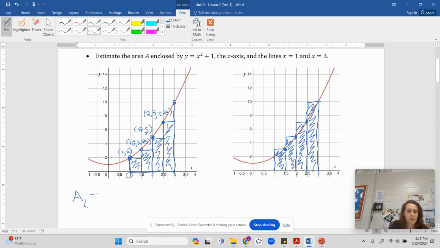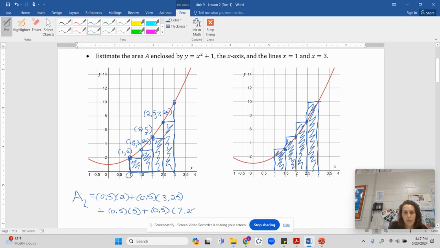Base times height. So base is 0.5 times the height of the first rectangle, which is 2, plus the next rectangle also has a base of 0.5 times the height, which is 3.25, plus the next one, 0.5 times the height, which is 5, plus the next one, 0.5 is the length of the base, and the height is 7.25.